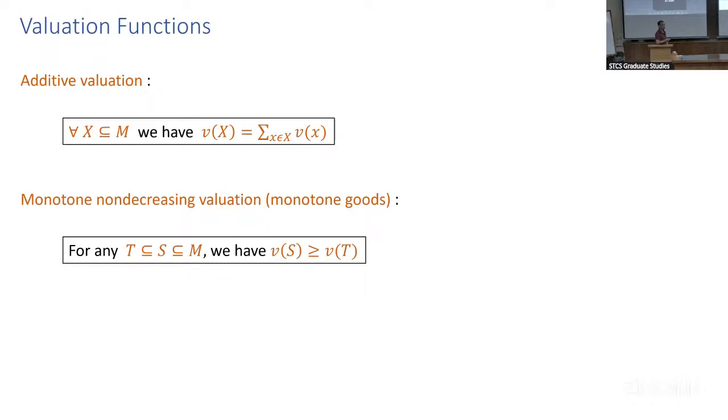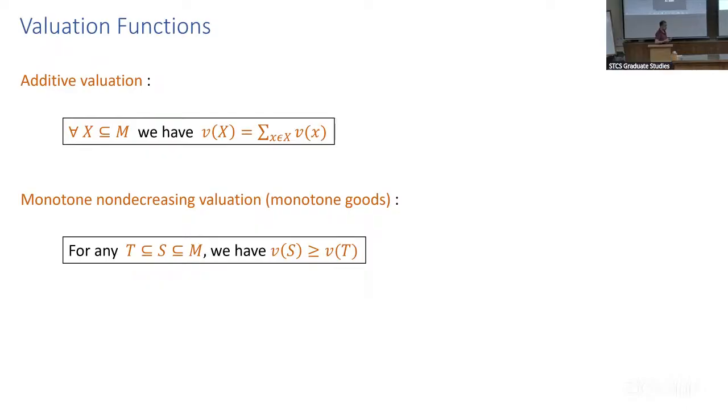Okay, so before I define envy-freeness, let me introduce you to two commonly encountered valuation functions. The first one is additive valuation. It says a valuation v is additive if for any subset X of items, the value of that subset X is the sum of the values of items in it. A more general valuation function is called monotone non-decreasing valuation, also known as monotone goods.